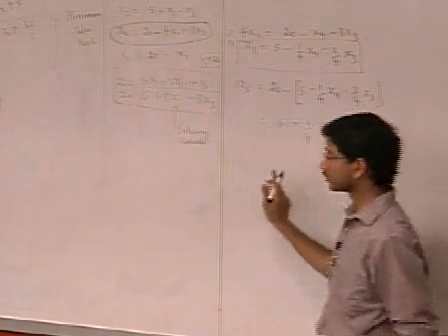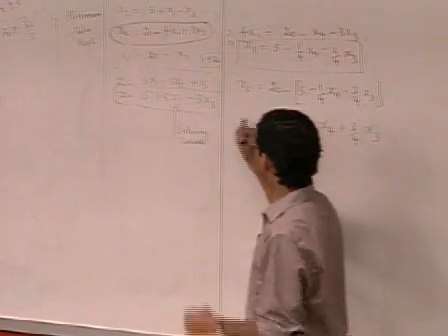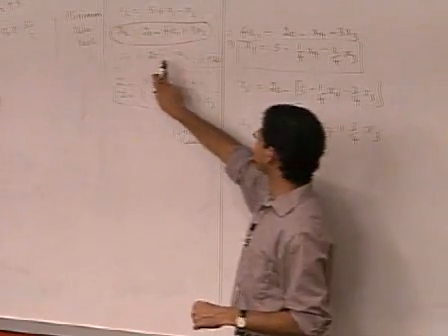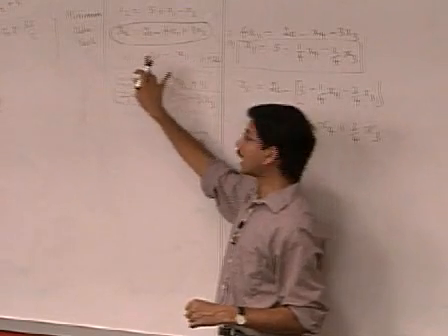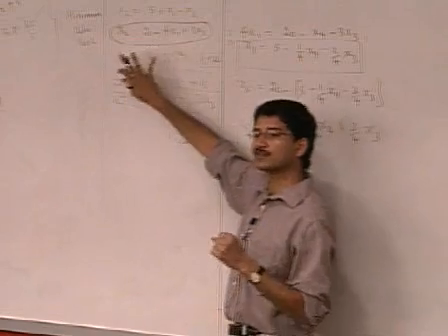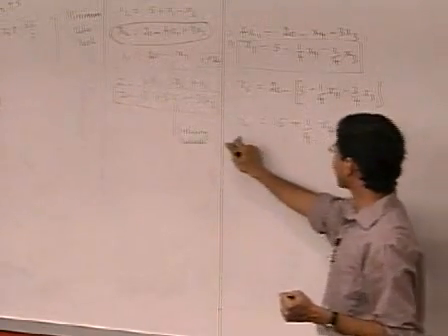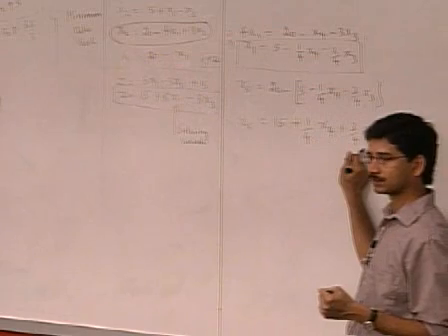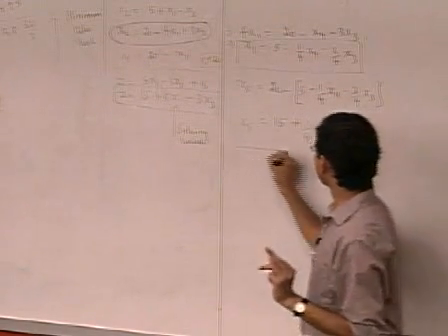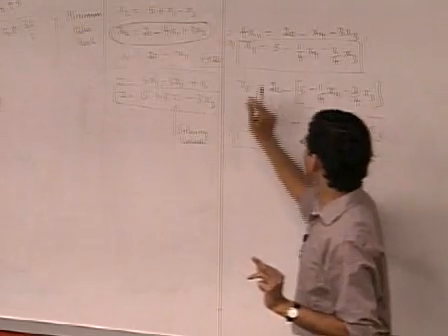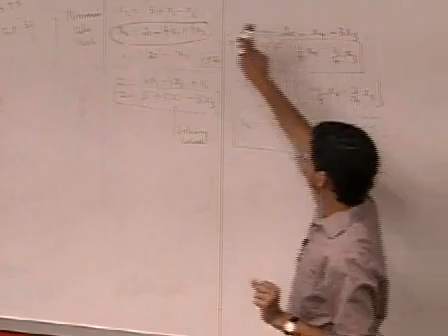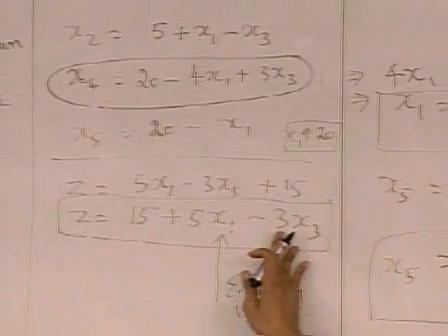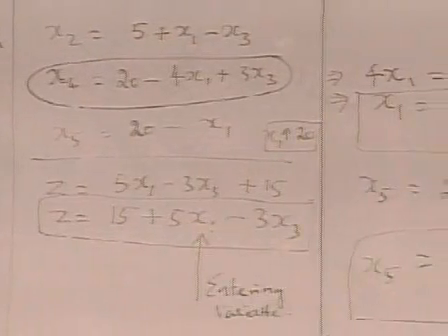And notice that this equation, which is 20 minus x1, has x5 as a basic variable, and now x1 is also a basic variable. So we have to rewrite it, and when you rewrite it, you get x5 in terms of the new non-basic variables. So this is going to be one equation. Similarly, x2 you're going to rewrite, and the z equation you're going to rewrite.